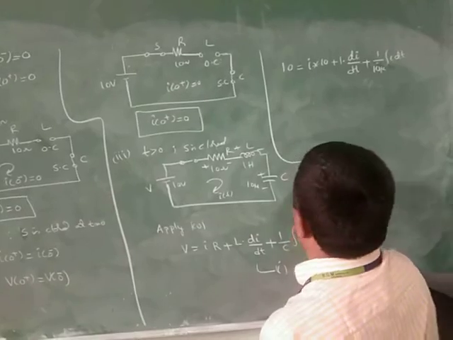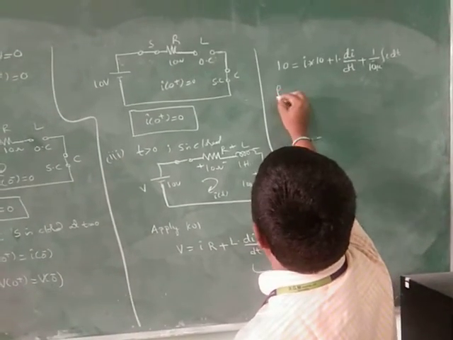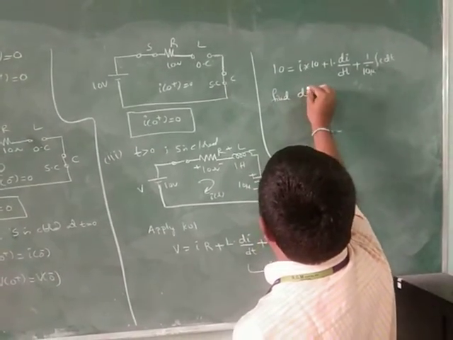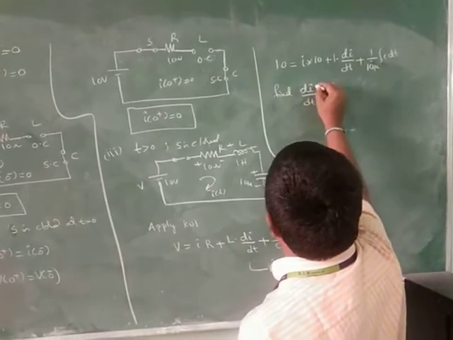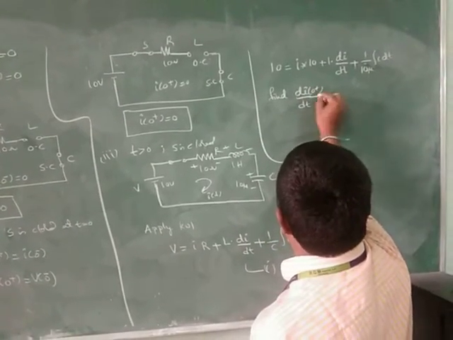Now the problem is to find di(0+)/dt at t equal to 0 plus.